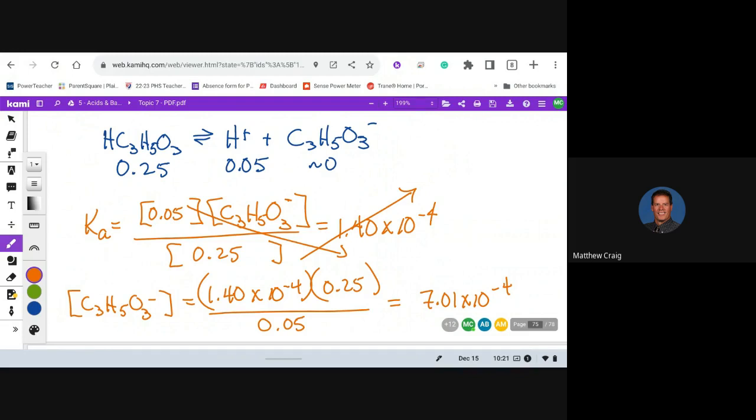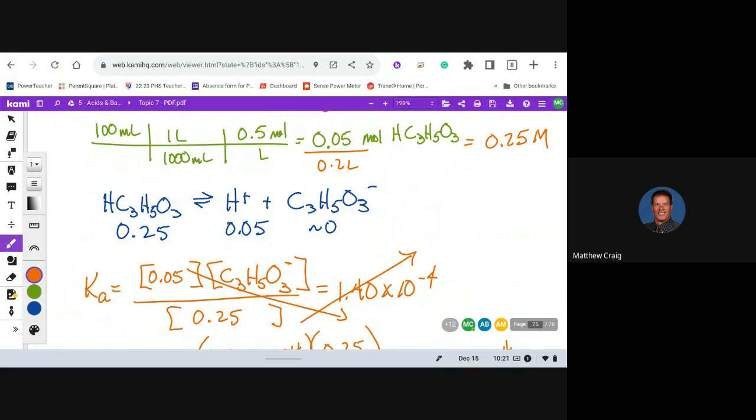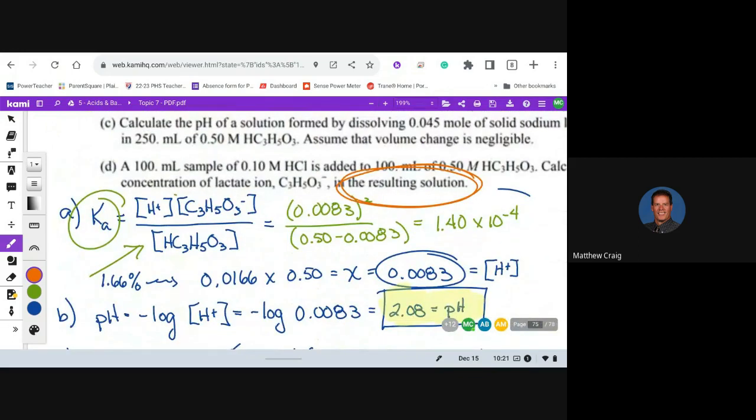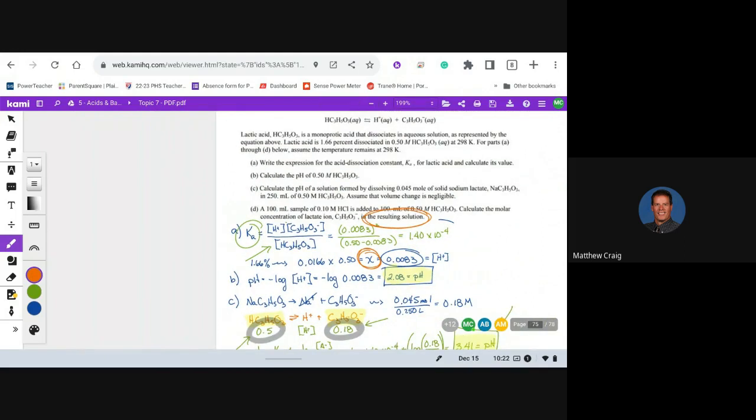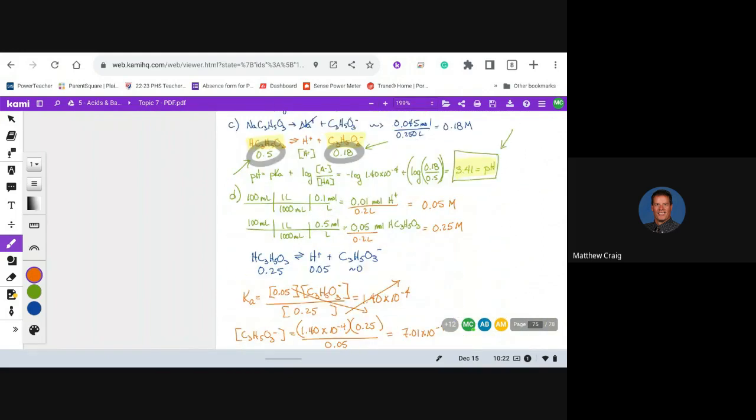So do you want to use X? Technically, yes. Or if you know what the value of X is, like in this case here, we know what X is, so we definitely want to subtract X. But since we're already at equilibrium, we would have to do this.